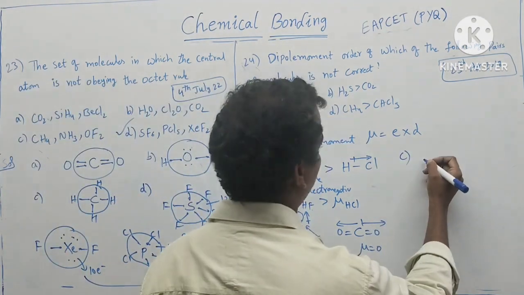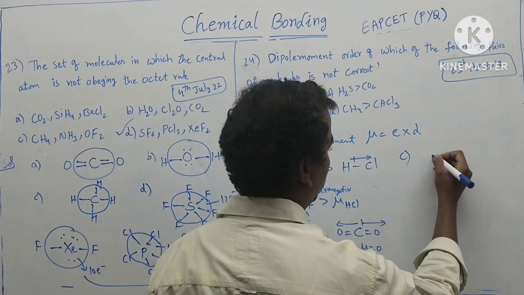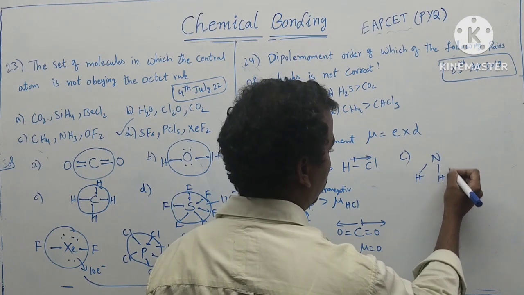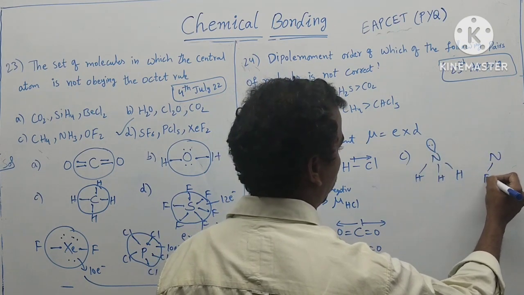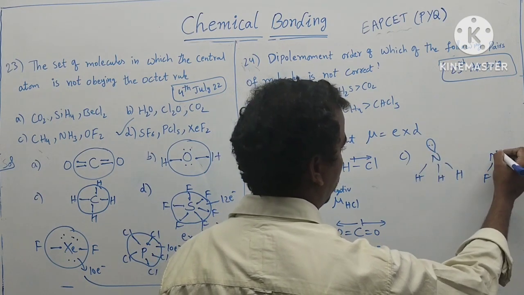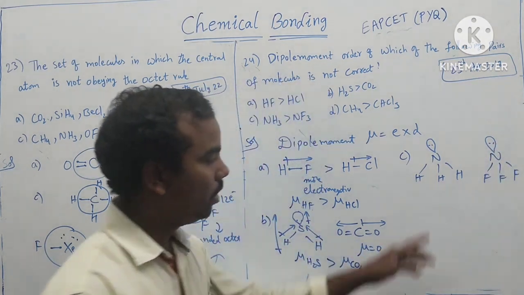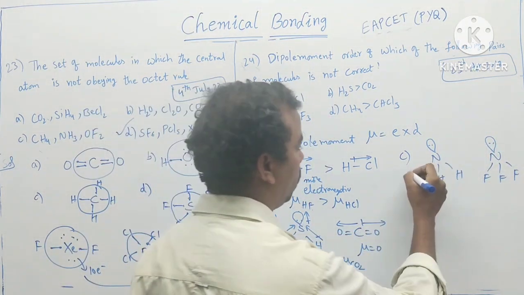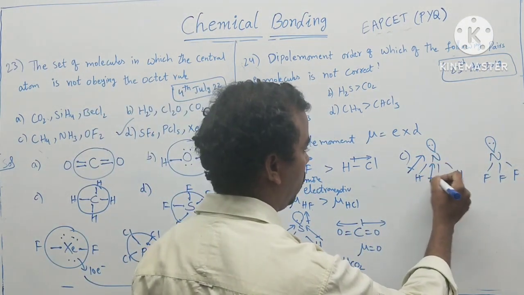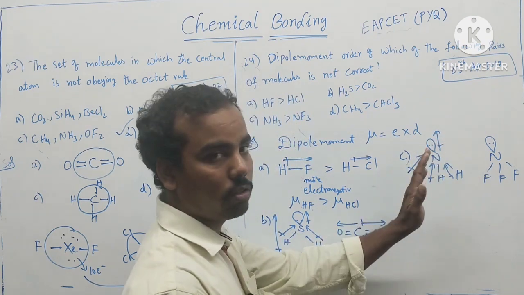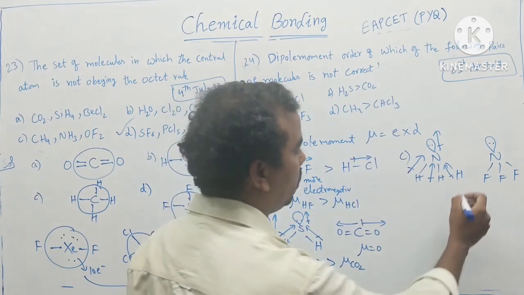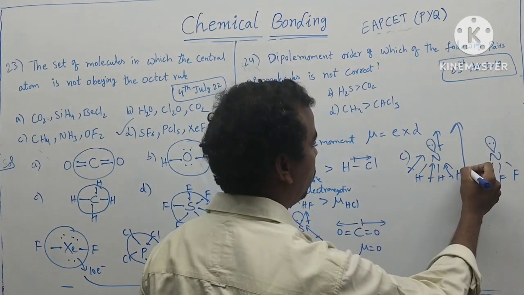Next, option C, NH3, with one lone pair, and NF3. Both are pyramidal in shape. In NH3, nitrogen is more electronegative than hydrogen, so the dipole moment is towards nitrogen, and due to the lone pair the total dipole moment is upward.